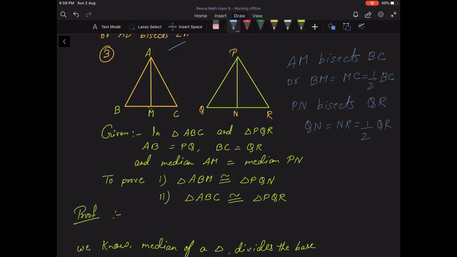Now, it is given that AB is equal to PQ, AM is equal to PN. We have to show that triangle ABM is congruent to triangle PQN. Look at these two triangles carefully. Also, it is given that BC is equal to QR.